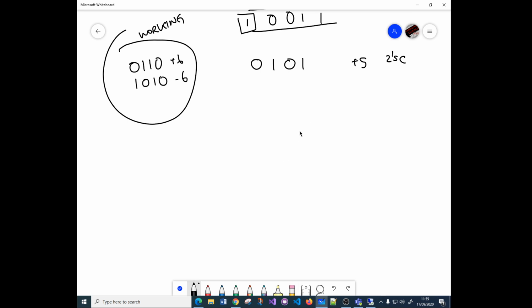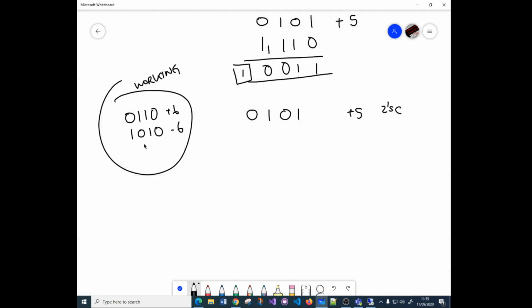Right, so going back, I've got my +5, I've now worked out what -6 is. So when I put them together and add them, it should magically just work. But it's not magic. So I get 1 and 0 is 1, 0 and 1 is 1, 0 and 1 is 1, and 0 and 1 is 1.